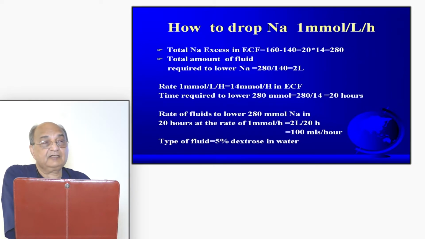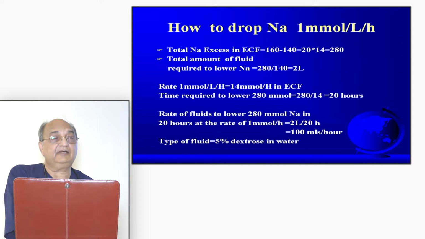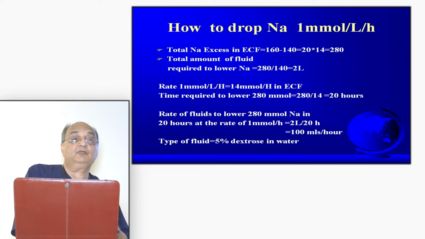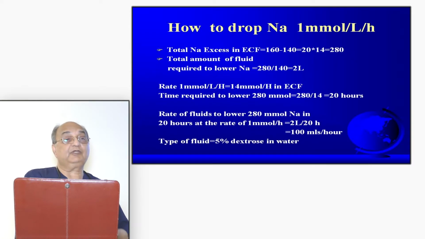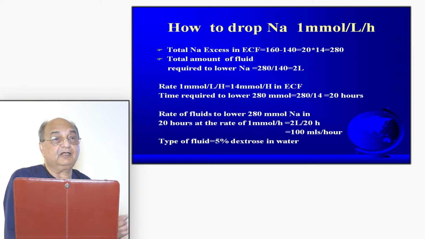And now the rate is 1 millimole per liter per hour. The total amount of extracellular water is 14 liters. So it means every hour you will be reducing 14 millimoles per hour.